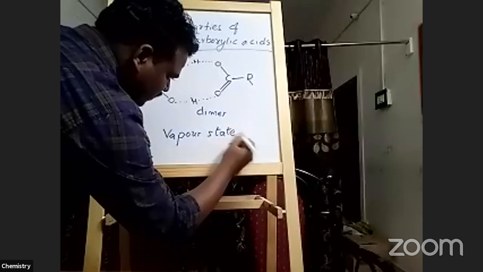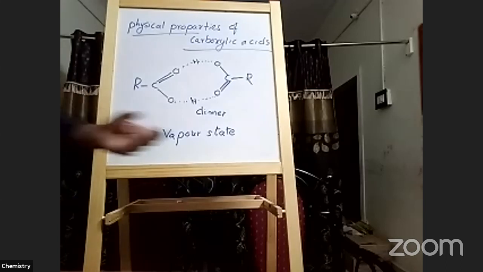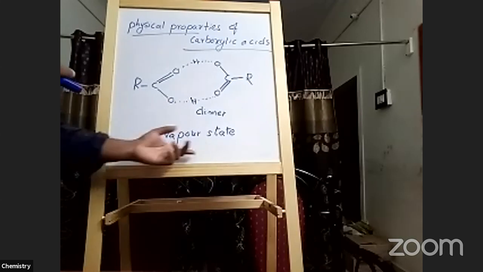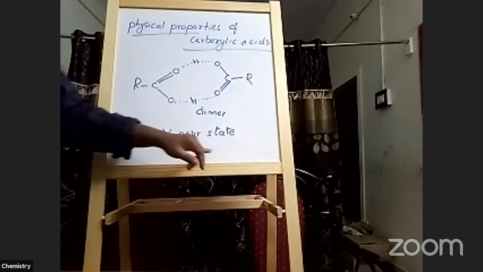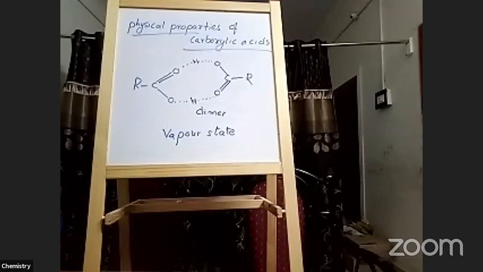I told you just now, in the vapor state also the bonds exist; there are no broken bonds. Remember, this is a point we have to remember in the objective questions also. In the vapor state they exist as dimers. Dimer means two molecules exist with intermolecular hydrogen bonding.